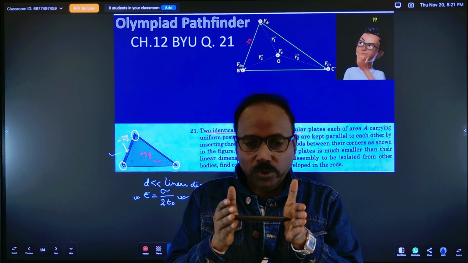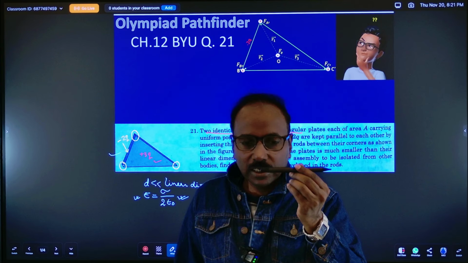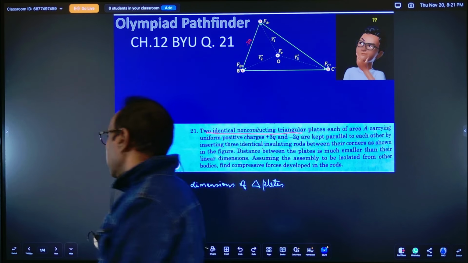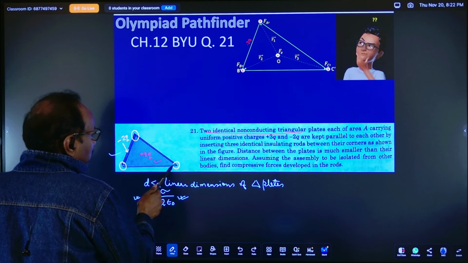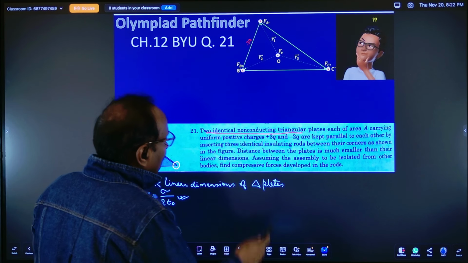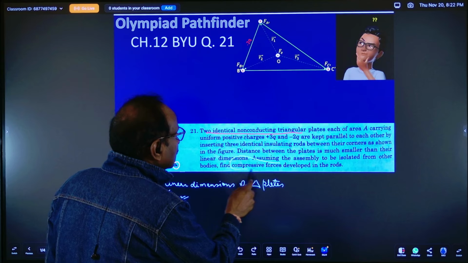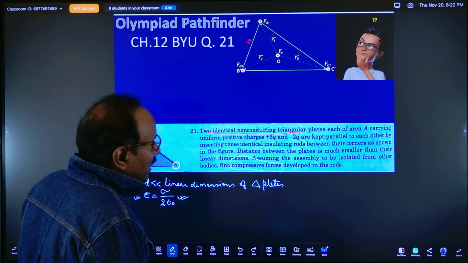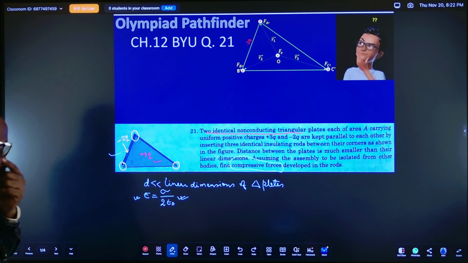So these rods will be under compression. So all three rods will be under compression, and that compressive force we are to find, like how much it will be.